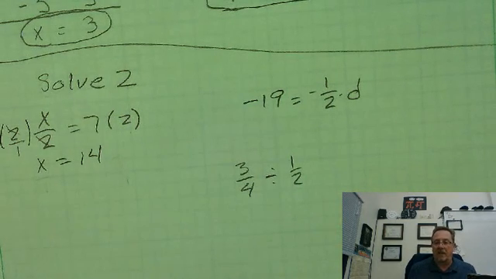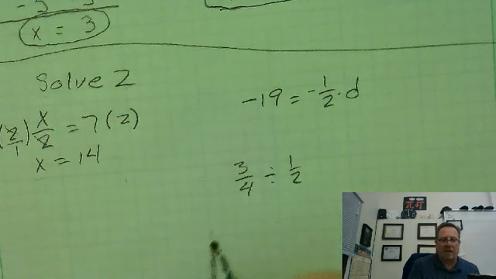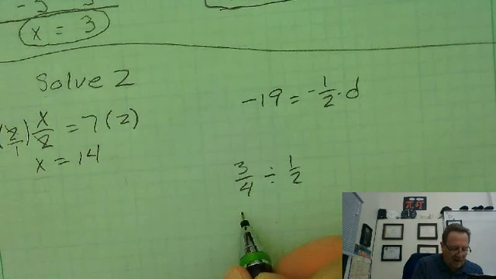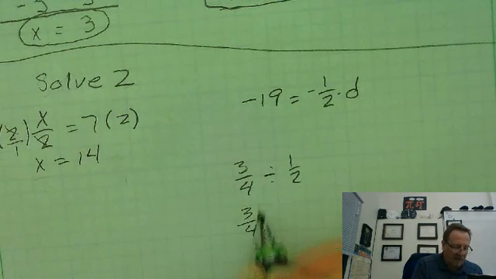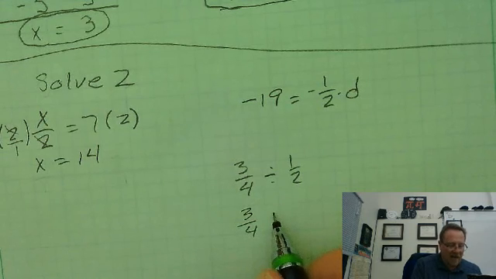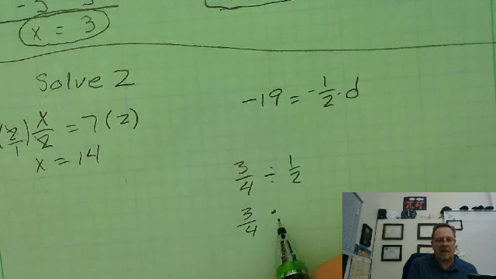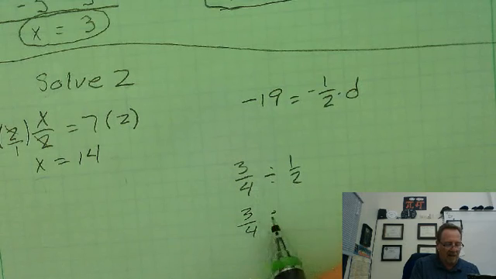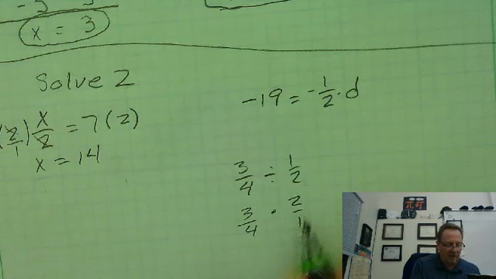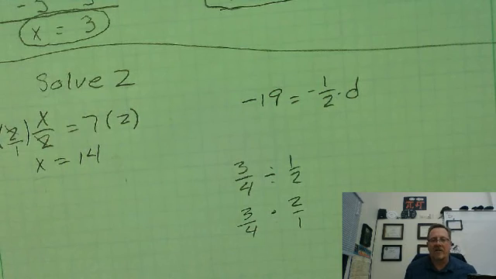Hopefully previously in your math classes they've told you you need to invert and multiply. Maybe they told you something like copy dot flip, or keep it, change it, flip it. However you want to think about it, 3/4 you copy down, the dot means multiplication, so we change to multiplication, and flip the second fraction upside down.